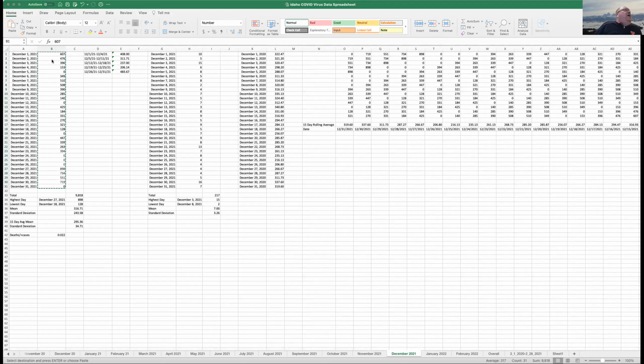And also, there's about 50% less people with COVID being hospitalized in ICU units. And also with death, there's a little over 50% less deaths at the height. So that's a little bit about some of the data analysis I had.